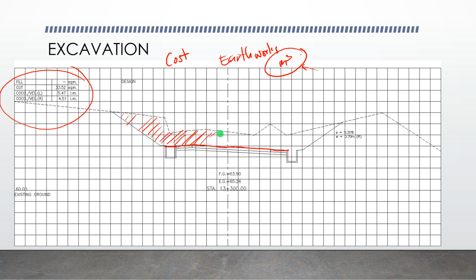So the area needed to be excavated is right here. If the design involves line canal, this portion also should be excavated. So that should be excavated.